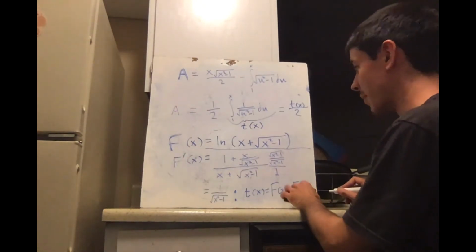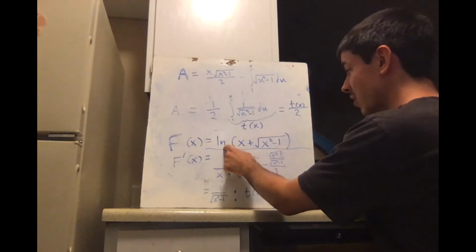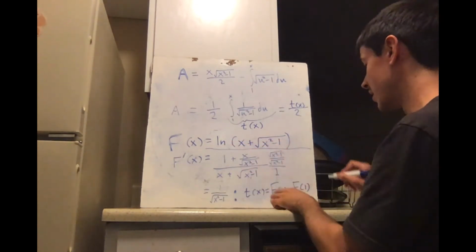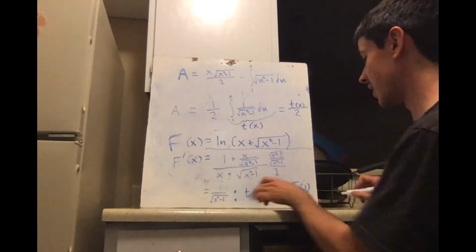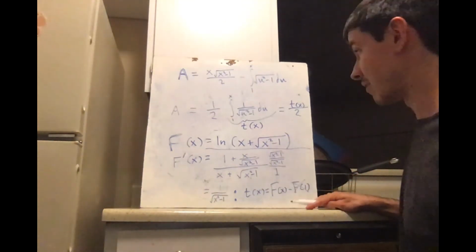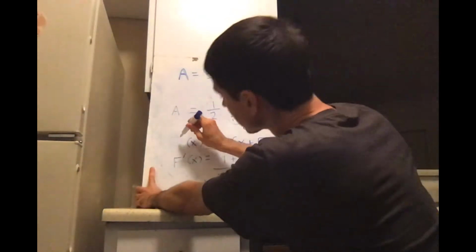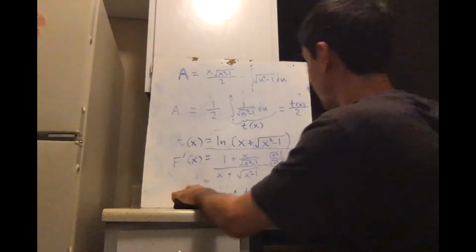But capital F of 1 is the natural log of 1 plus 0, which is 0. So this term disappears, and t of x is just equal to F of x. So in fact, we were justified in saying this is t of x.